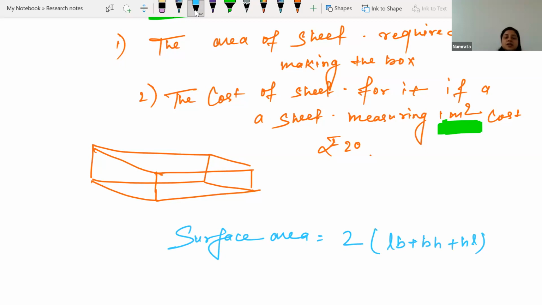So we can also write it like this, right? This is the total surface area. If you calculate this, you will be getting each and every surface area.